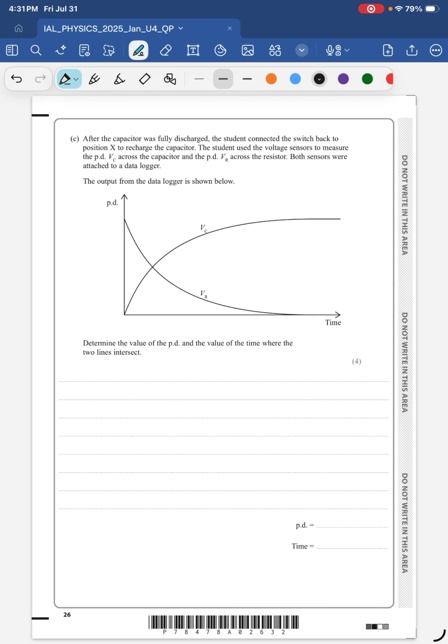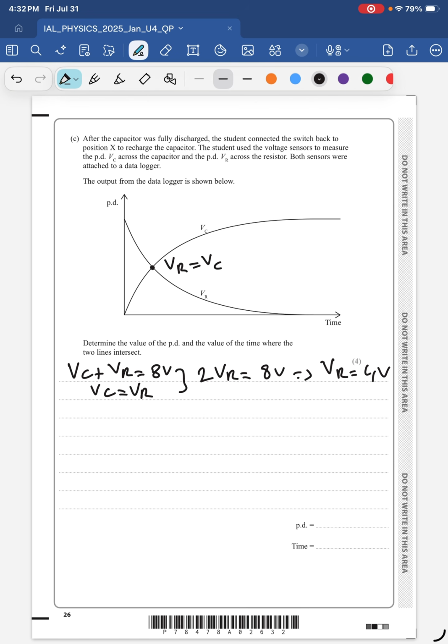Determine the value of the PD and the value of the time where the two lines intersect. So the trick here is that where they intersect, VR is equal to VC. So VC plus VR is 8 volts, and VC is equal to VR. So 2 VR is 8 volts, so VR is 4 volts, and we can use the exponential function to find the time.